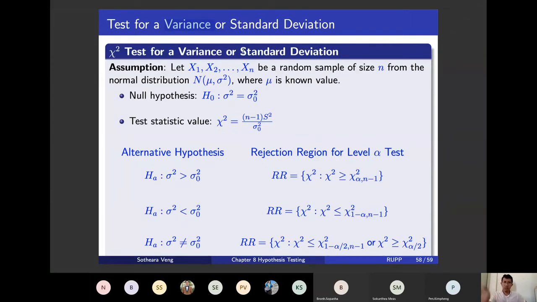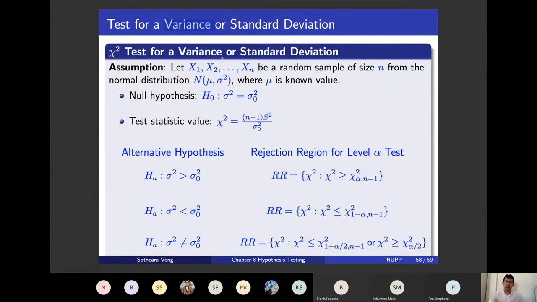Originally you test with the mean, now just move to another step. You also want to test the variance. You come up with a claim related to the variance, and then you try to collect data, and based on that data you may come up with a conclusion whether your claim is true or not, right?